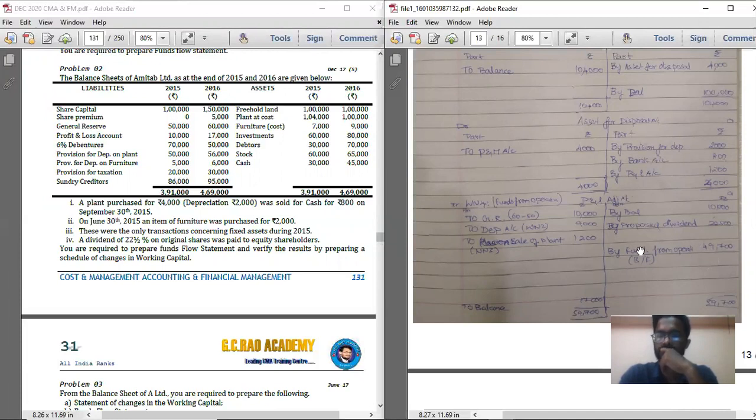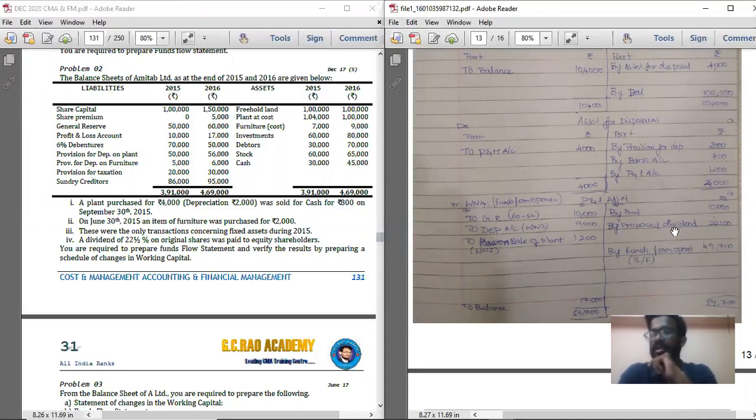Now calculate the balancing figure, that is nothing but funds from operation. 59,700 minus the opening balance of 10,000, you are getting 49,700. So "By funds from operation" (balancing figure), amount column record 49,700, which is nothing but the profit you are receiving from operations.